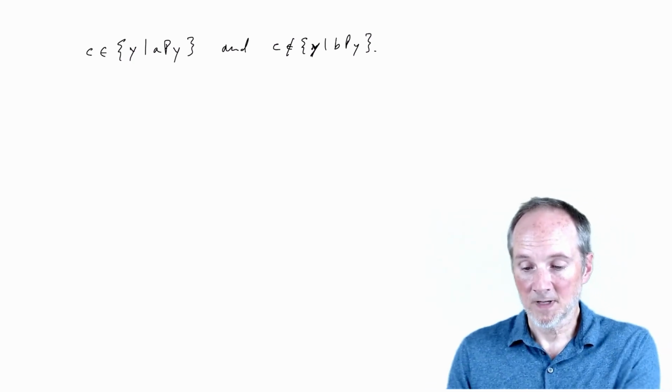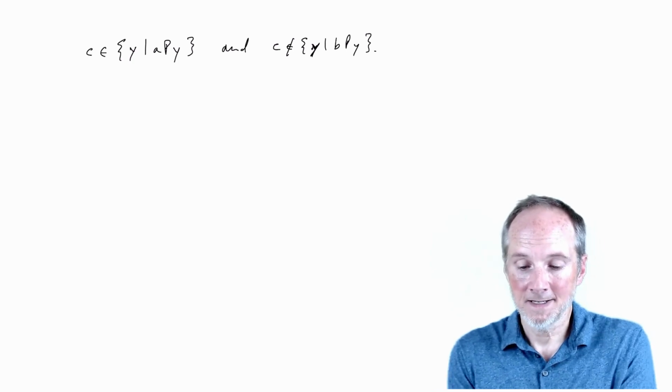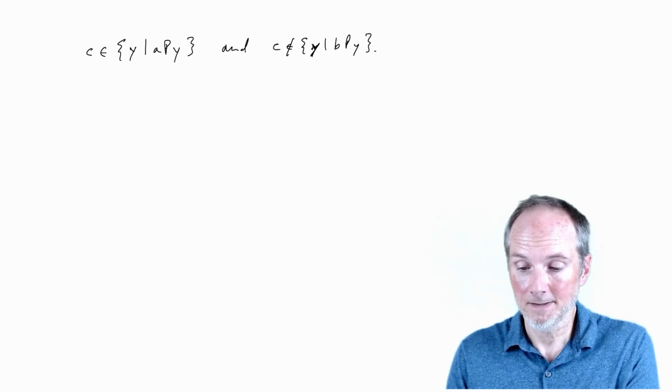Since the first set's strictly bigger than the second, that means it has to contain something that's not in the second one.